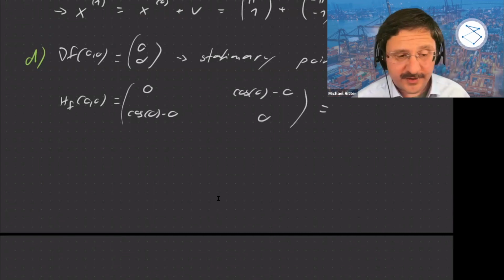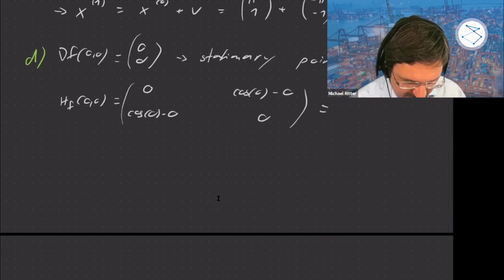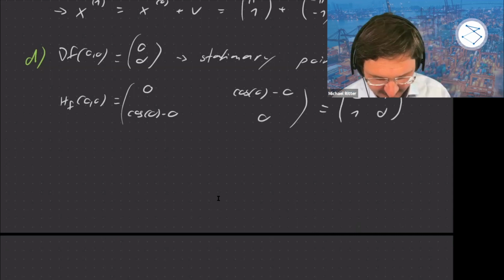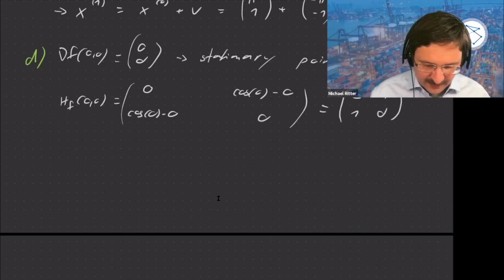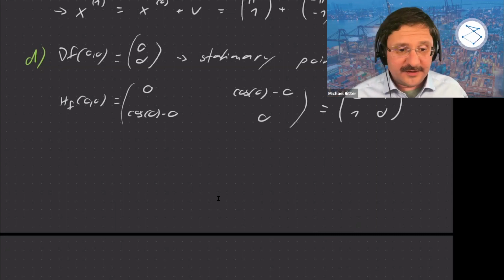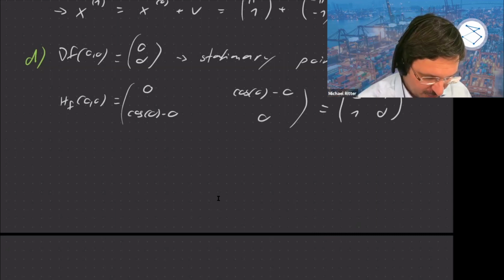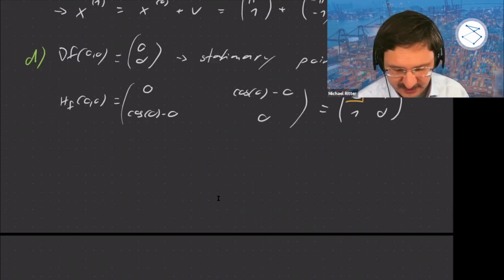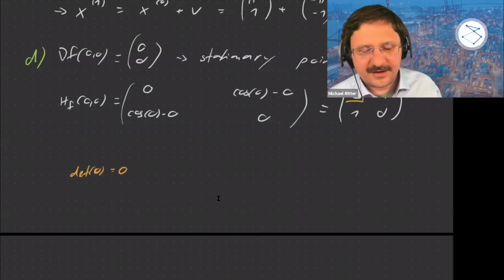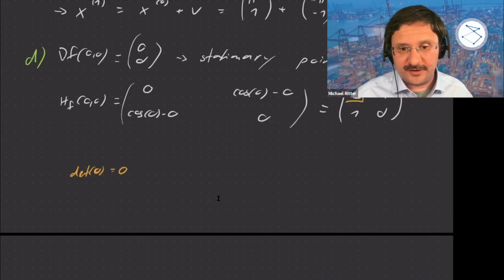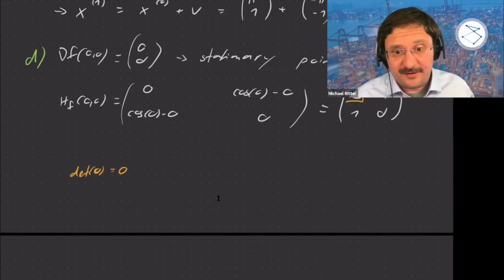The cosine of 0 is 1. So that means what we get is this matrix here. And as you can see, the determinant of that first leading principal minor here is 0. That means this matrix is not positive definite. And it's not negative definite either.